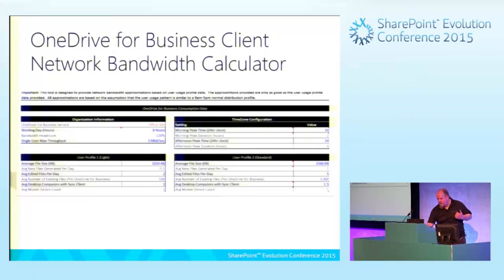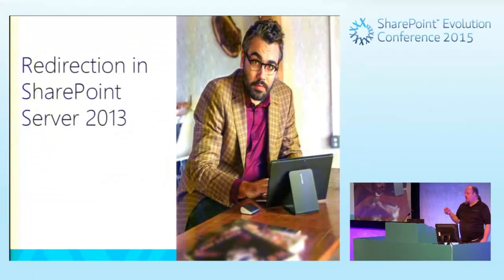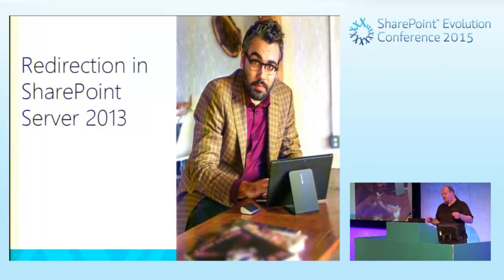The other thing, as part of the OneDrive rollout, is that you can configure redirection in SharePoint Server 2013. If some people have their personal sites in the cloud, whilst others have them on premises, you can configure it automatically so that even if a user accesses their personal sites from the on-premises SharePoint, they would be redirected to the cloud, and vice versa.